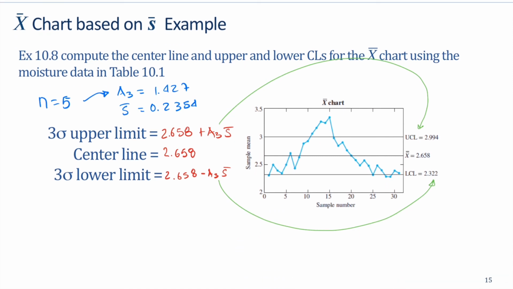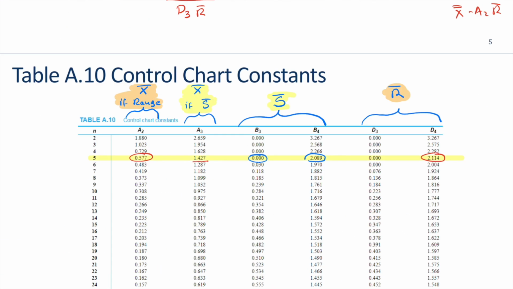So in the previous example, remember, n is equal to 5, and then we look for A3, which is for X based on standard deviation, and it is 1.427.